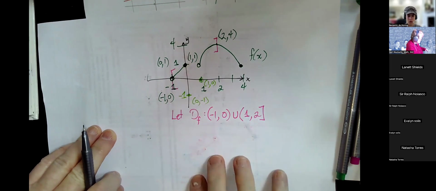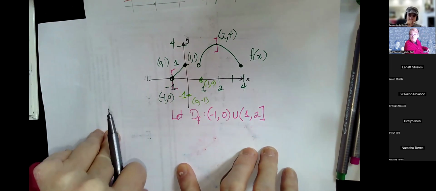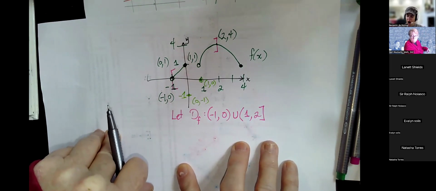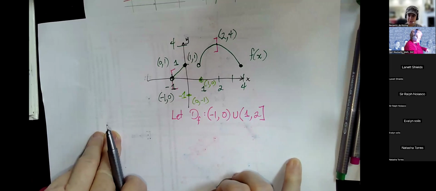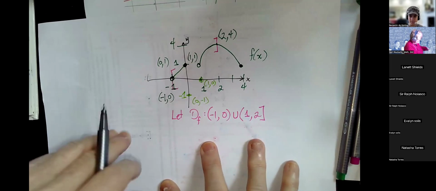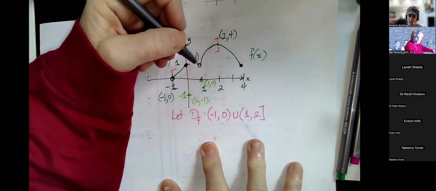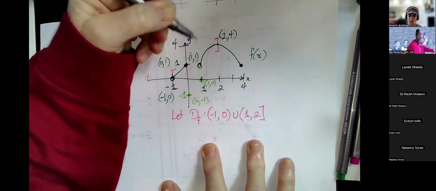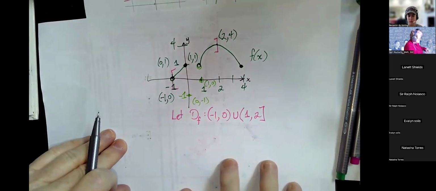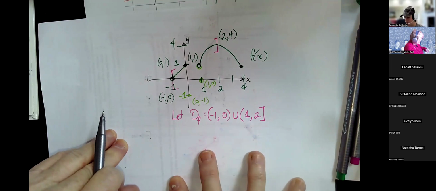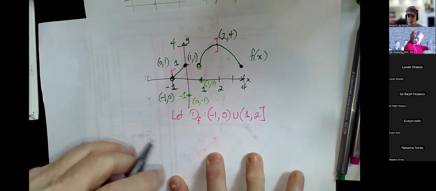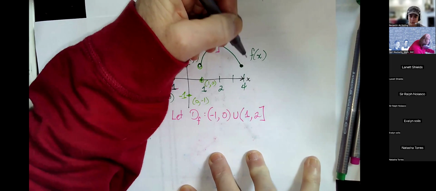And 1, 1 will become 1, 1, and will it still be open? Yes. Good. And 2, 4 will become 4, 2. Beautiful.